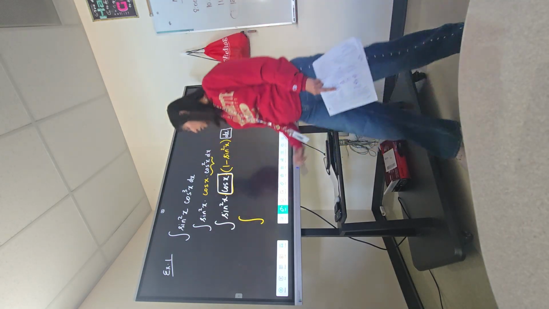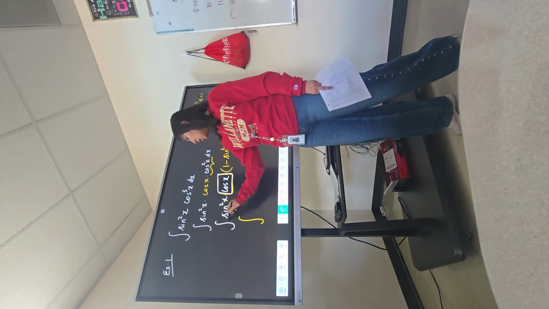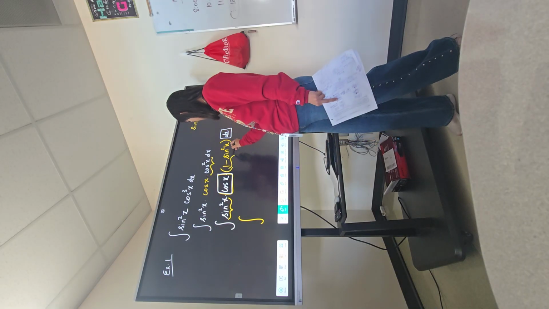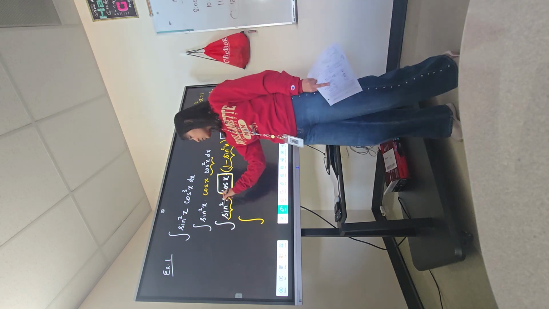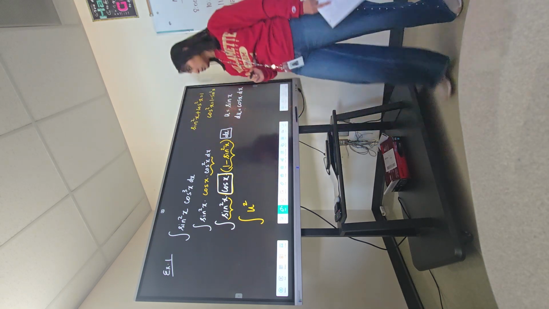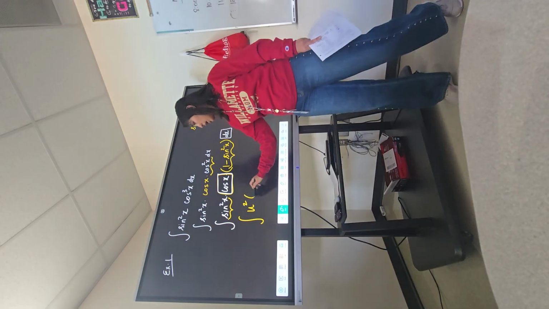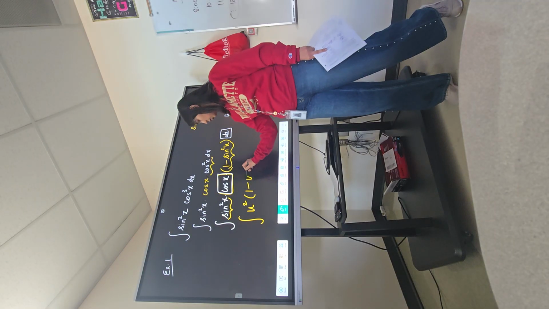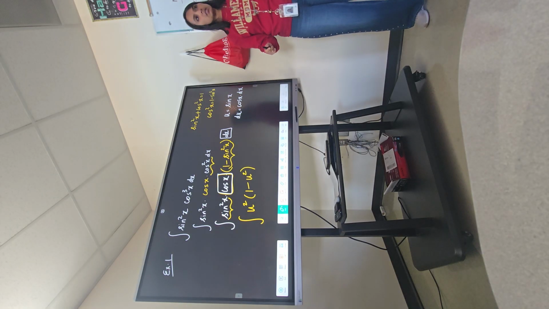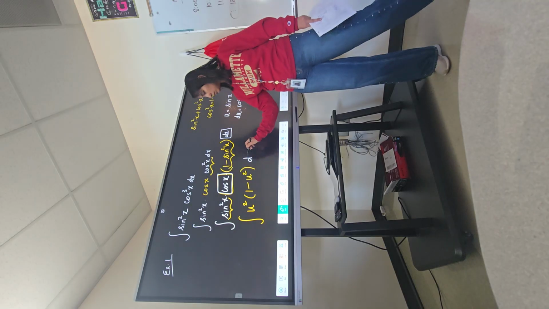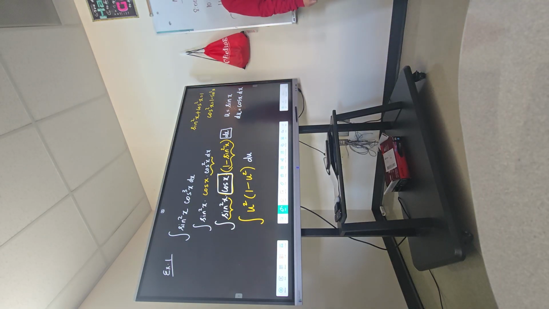So now I'm going to replace sine squared with u squared. So this is u squared times 1 minus u squared, and the one that I boxed is going to be du. That kind of looks like inverse.